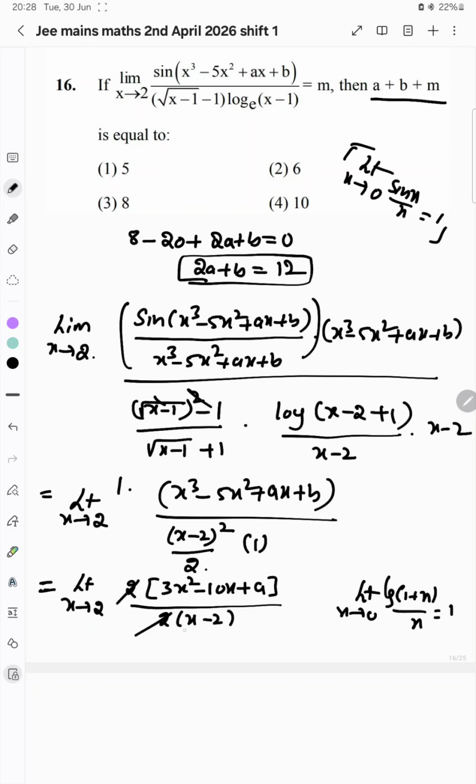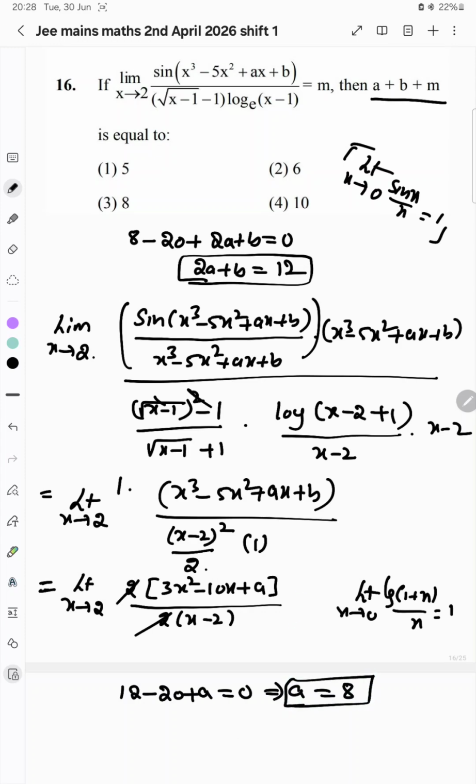Now if you substitute x as 2, the denominator is 0, then the numerator also must be 0. So 2 square is 4, 4 threes are 12, minus 2 tens are 20, plus a must be 0. So a value: 12 minus 20 is minus 8, when you bring it to the right side it will be plus 8. So the a value we found is 8.